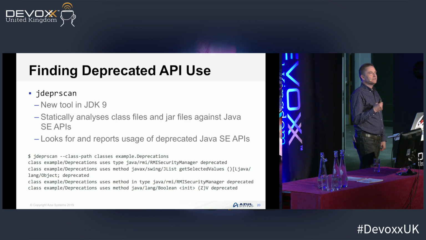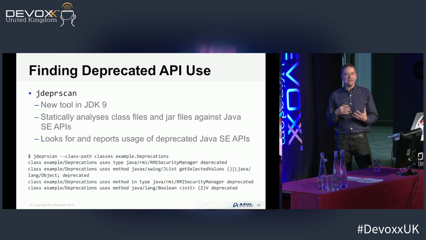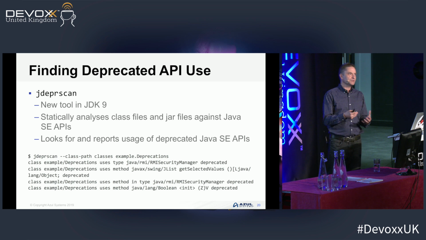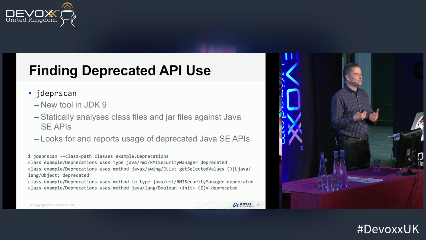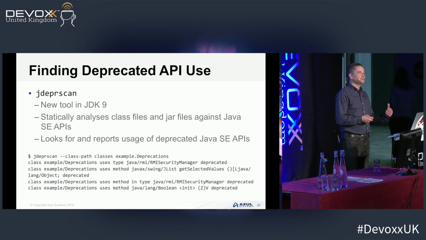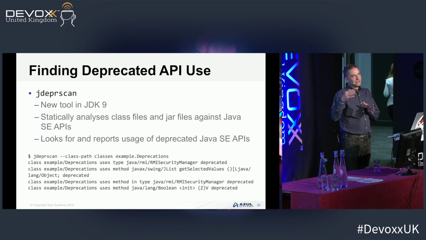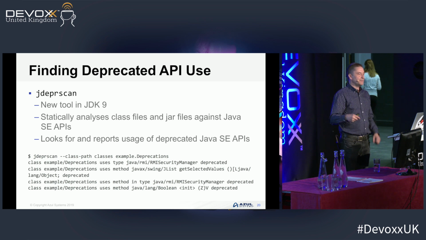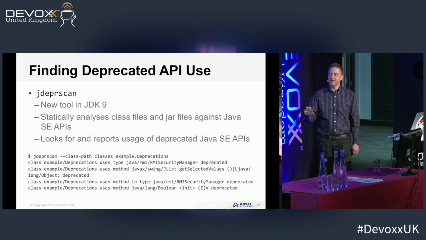Again, some tooling to help you with this is to understand if you have used deprecated elements within the API, which ones have you used. So now there is this tool called jdeps, and it will do a static analysis of either class files or jar files and look at it compared to the standard Java SE APIs and tell you what things have been deprecated and what things you're using.